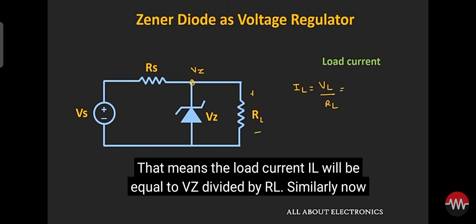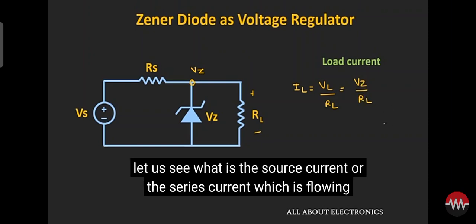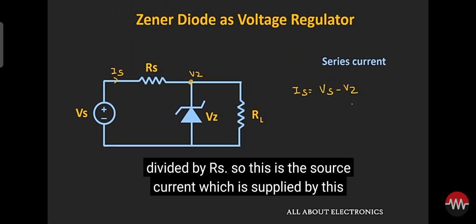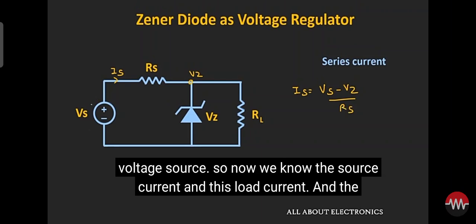That means the load current IL will be equal to Vz divided by RL. Similarly, now let us see what is the source current or the series current which is flowing through this resistor RS. So this source current IS can be given as Vs minus Vz divided by RS. So this is the source current which is supplied by this voltage source.